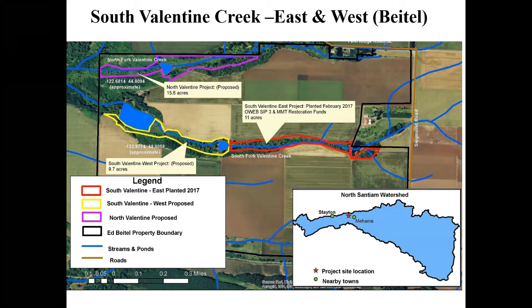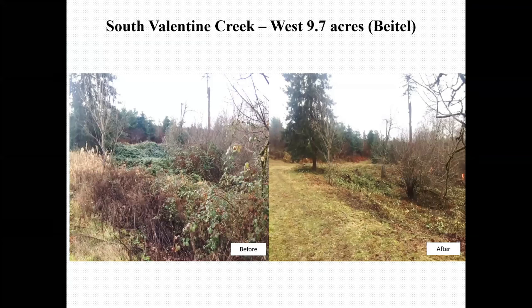It's all natives, and we have a conservation contractor that goes out there and helps us do spring and fall treatments. You can see the before picture and then the after picture, and this is one edge of the riparian area.